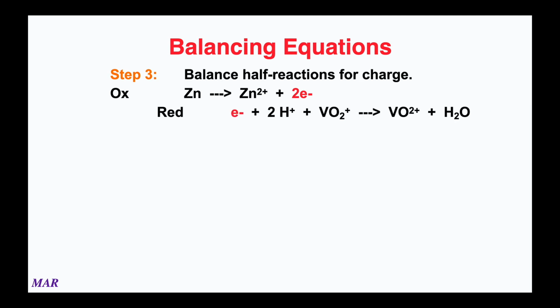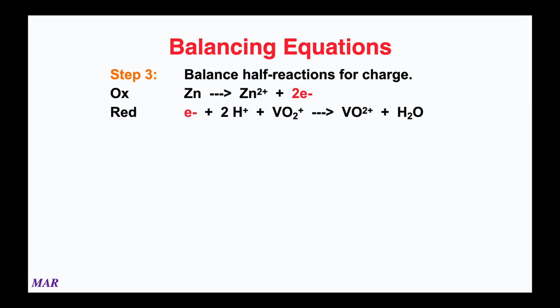Now for vanadium, it's a little crazier, but if you look on the product side, there's an overall positive 2 from the VO2 plus. And ignoring the electron for a second, VO2 plus 1 is a plus 1 atom, and the hydrogens each have a positive 1. So the positive 2 from the hydrogens plus the 1 from the VO2 plus 1, that's positive 3.